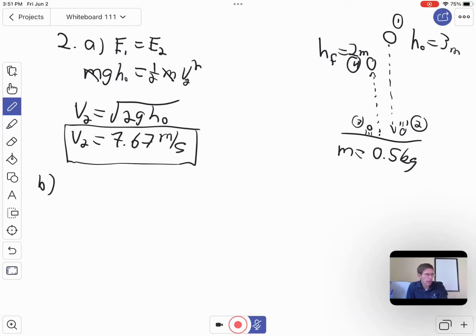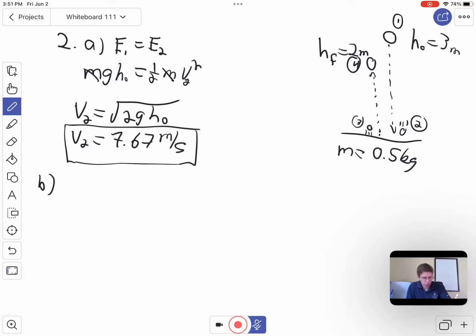Question B then asks us to figure out this amount of thermal energy, the energy that is converted into heat as a result of the collision. So again, from 1 to 2, energy is conserved, and then 3 to 4, energy is conserved, but between 2 and 3, energy is lost due to it hitting the ground.